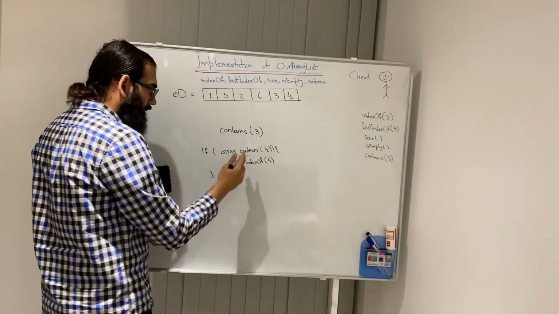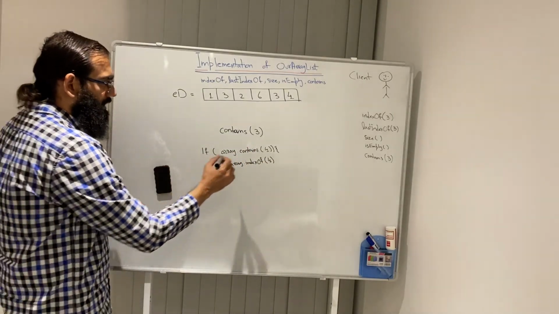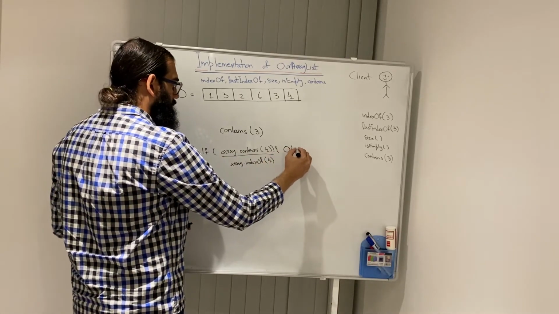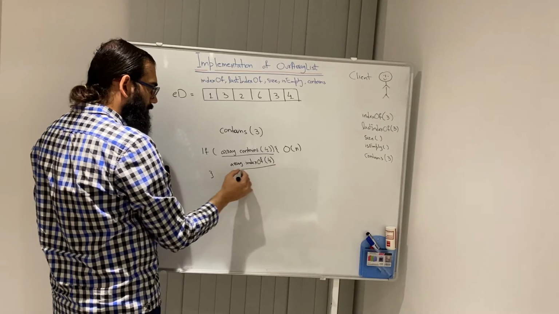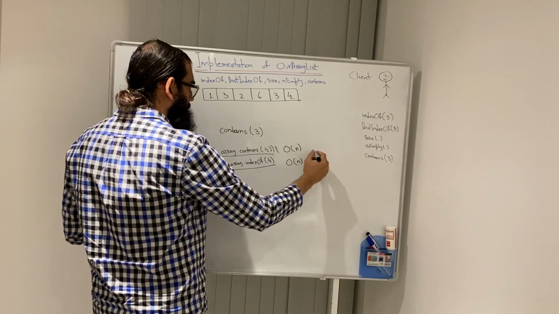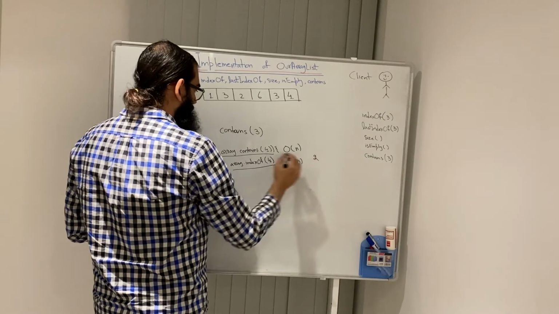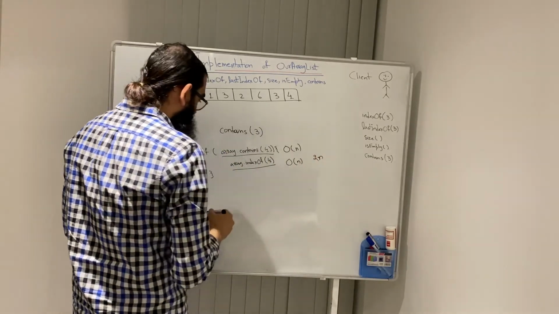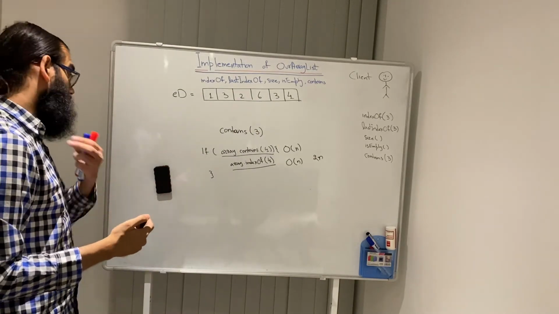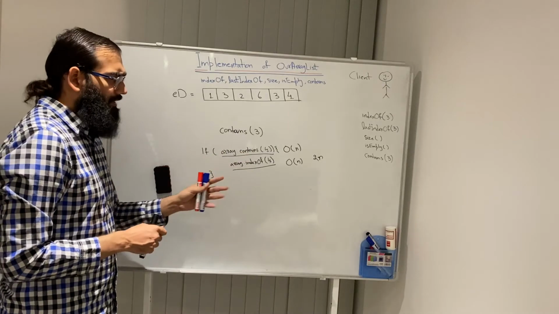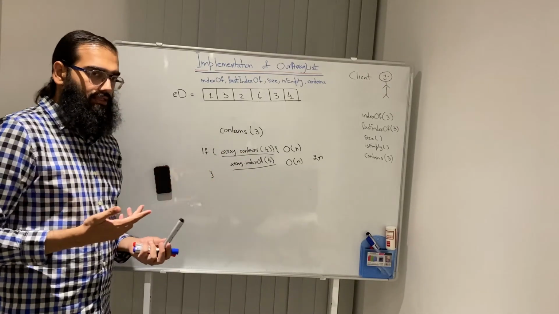So in this case, this operation is big O of n, then again this operation is big O of n. So as a whole it's still n, and we can say it's 2n, but from the perspective of the performance or efficiency of your code, it's bad. Why do you need to do the same thing twice?